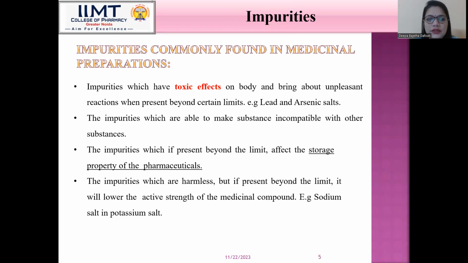Impurities which, if present beyond the limit, affect the storage property of the pharmaceuticals. Impurities which are harmless, but if present beyond the limit, lower the active strength of the medicinal compound. Example, sodium salt in potassium salt.